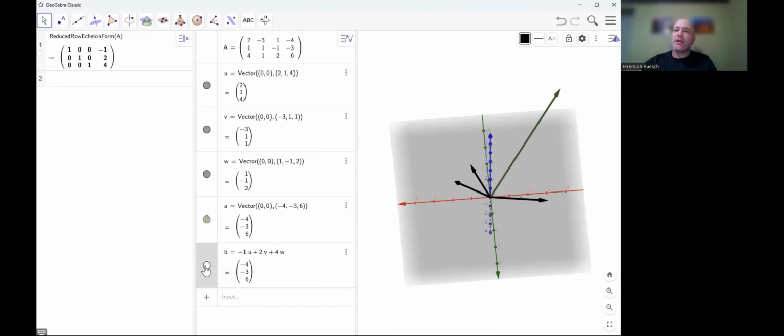And you can see that by turning on and off this black vector B, it's exactly the same vector as A. So another way of thinking about this row reduced echelon form is that it tells you if any of the other columns can be written as a combination of other columns. The pivot columns, or what we would call linearly independent, are the ones that could form the combinations of the other vectors.